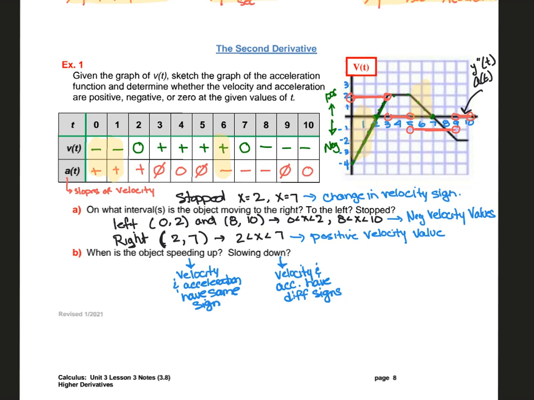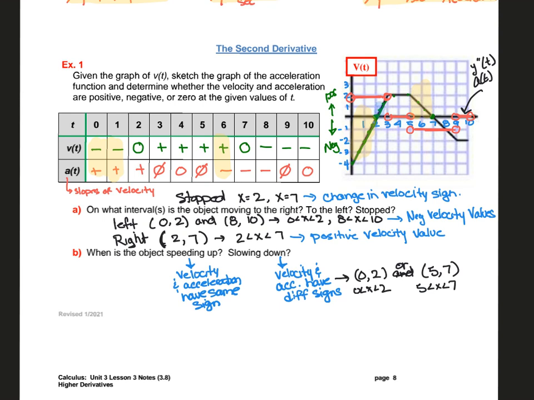When we go to our answer, we say that it's slowing down from 0 to 2, or 5 to 7.